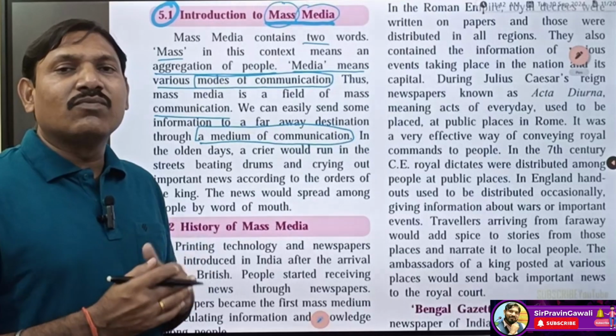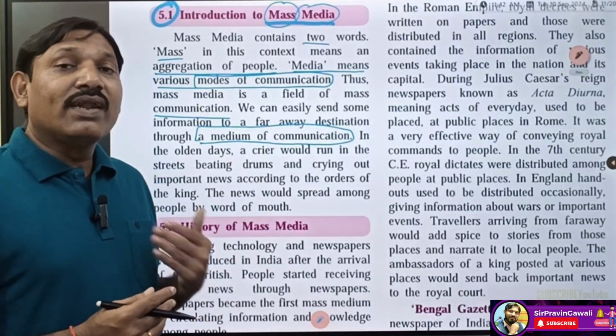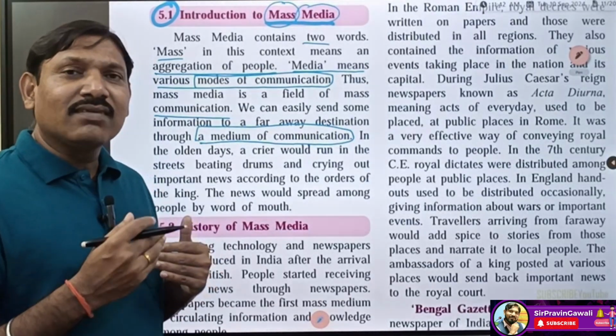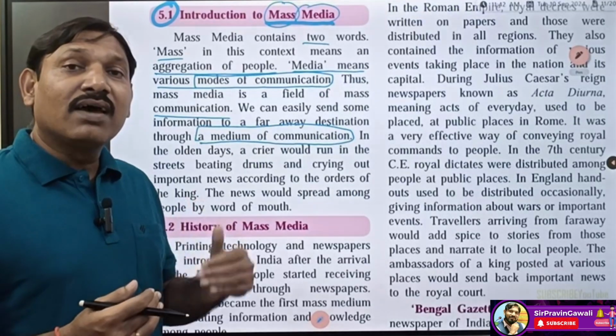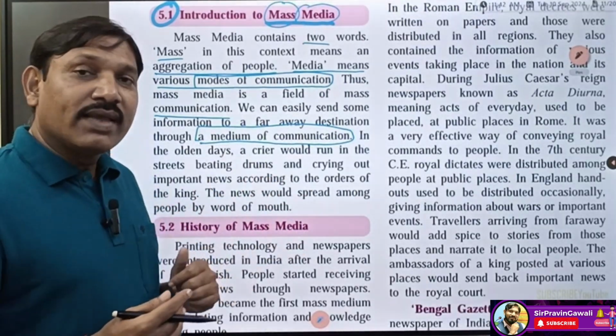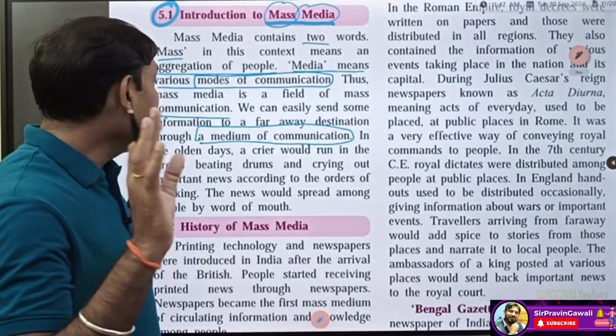For example, for individual communication, we would have used letters. And what were the sources to transfer those letters? Various animals were used. For example, pigeons were used. Or a person would transfer the letters face to face. So in this way, we have seen the traditional modes of communication.